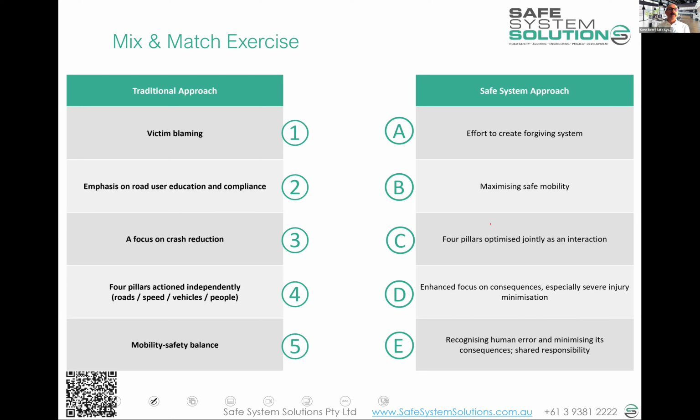Some of this has come from an Austroads thing as well, but victim blaming, emphasis on education and compliance. And I want you to change it to where we're going with a safe system approach. Now, some could go to different ones, so don't get overstressed about it. Just use it as a way to consolidate your thinking and make sure you've got your head around this safe system philosophy and how it's different to the traditional approach to road safety.